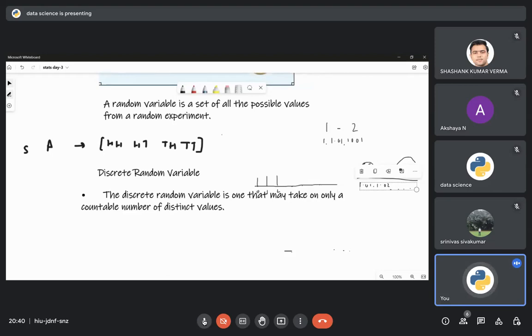If the random variable can take only a finite number of discrete values, then it must be a discrete random variable. It's not that infinitely many numbers will fall; it will be a finite set of values. Let me give some examples of a discrete random variable.